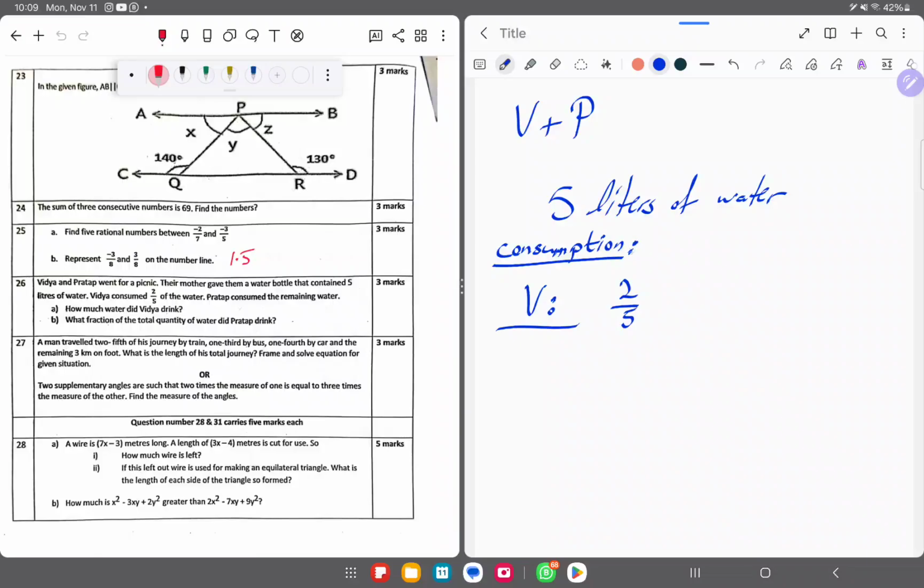Vidya consumed 2 over 5 of the water. Paratap consumed the remaining water.